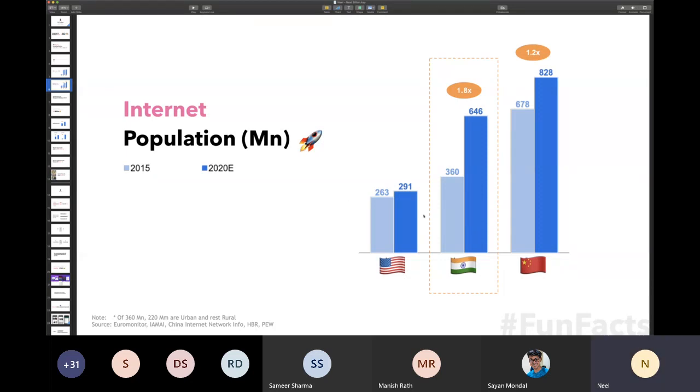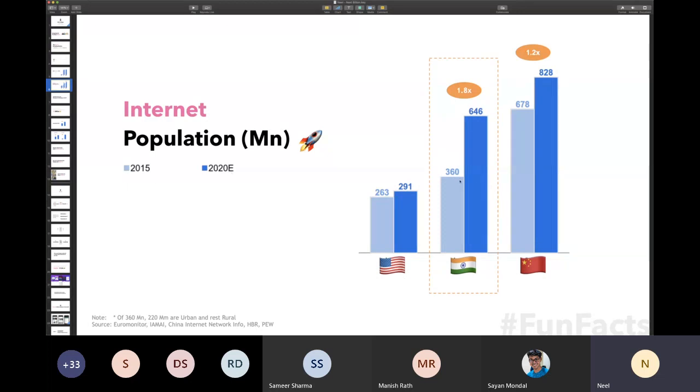The data from back in 2015 shows that approximately 263 million people in the US had internet access, where in India 360 million people had, and in China 678 million people had. While by the end of this year, the US will still only reach 290, 291 million people, India would reach around 650 million.